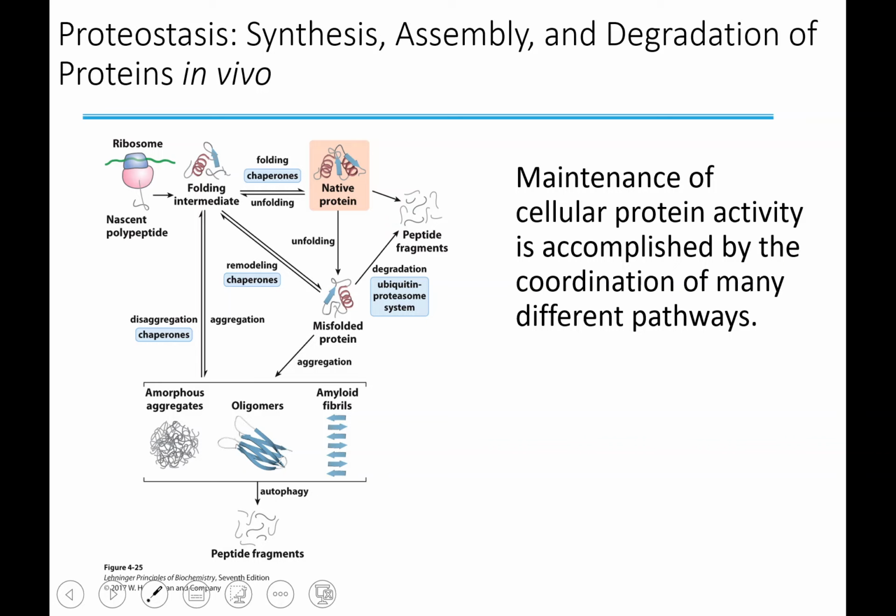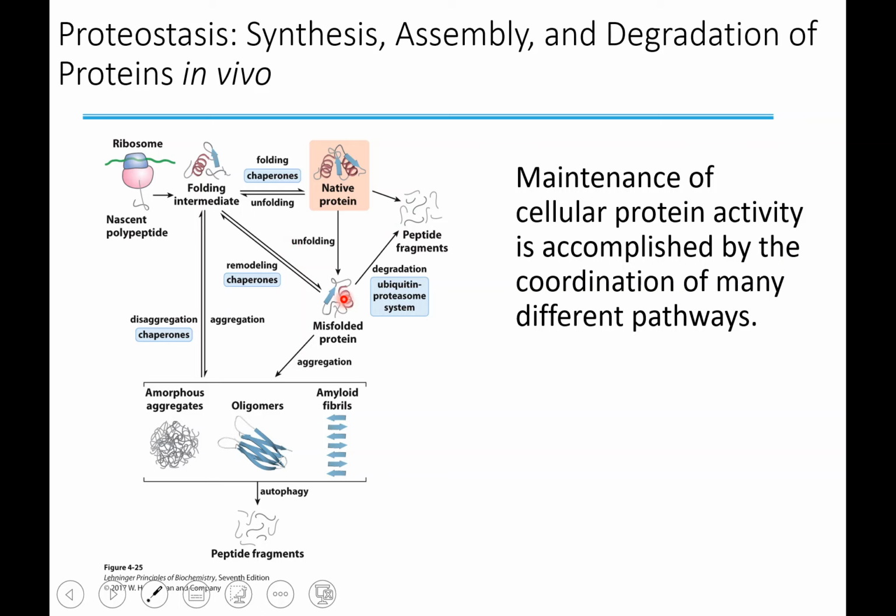Others are more like several hours, but some are targeted directly from their native state to be broken down and digested. Others will misfold, and then that misfolded protein can be remodeled back into an intermediate and back into the native state by chaperones.